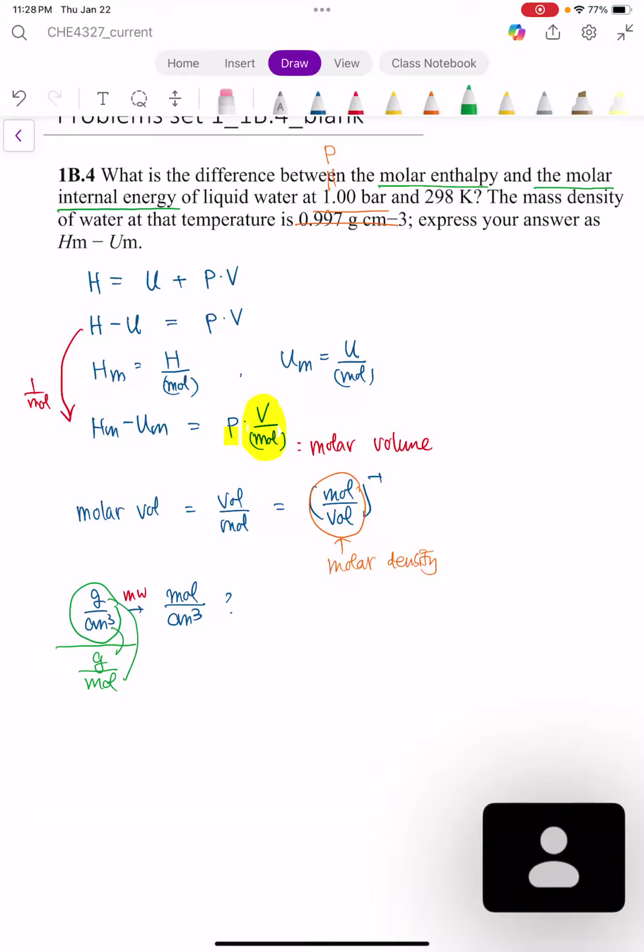Mole per cubic centimeter, which is this molar density. In other words, you can get the molar density by taking the mass density rho and dividing it by the molecular weight.